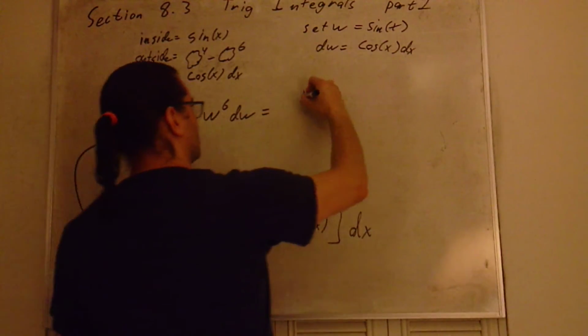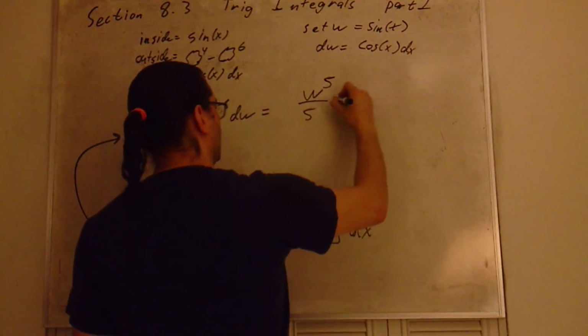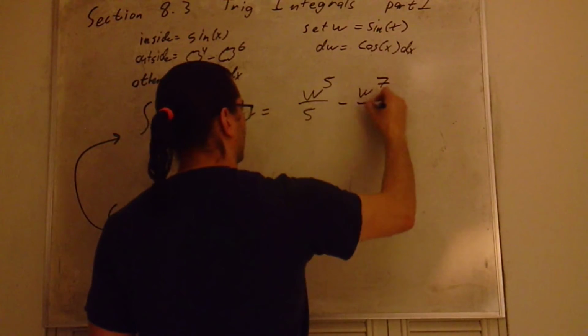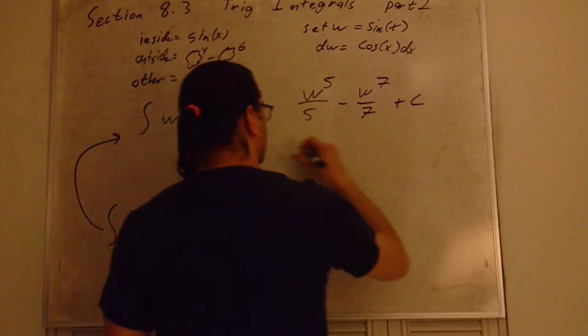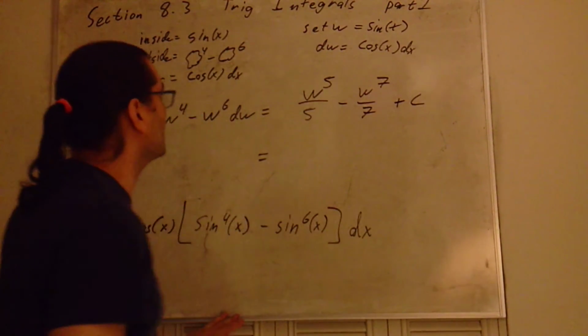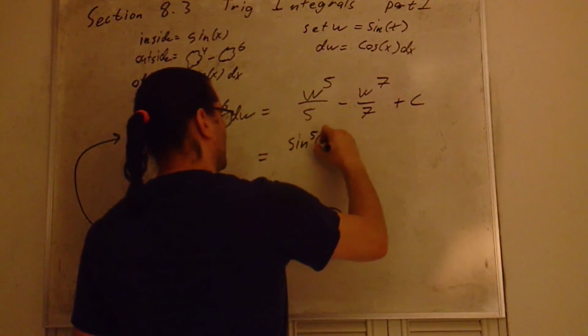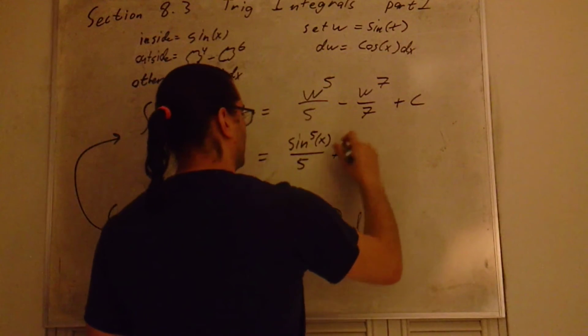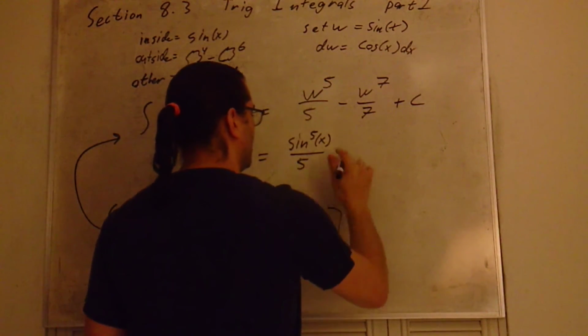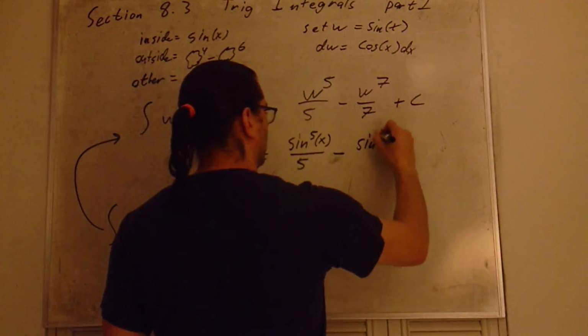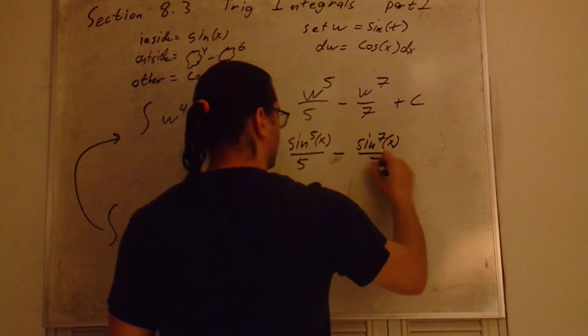And that's w to the 5th over 5, minus w to the 7th over 7, plus c. And then we just swap those back out for sines, and we have sine to the 5th x over 5, sorry, not plus, minus sine to the 7th x over 7 plus c.